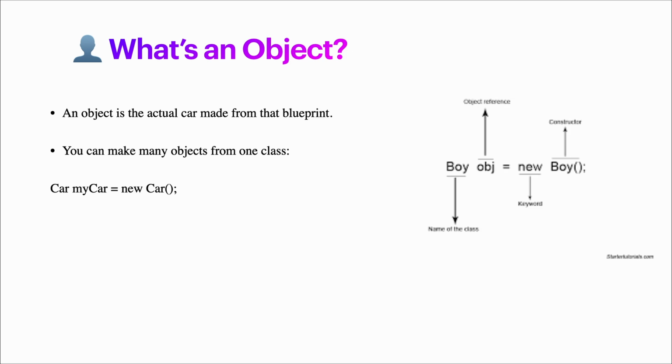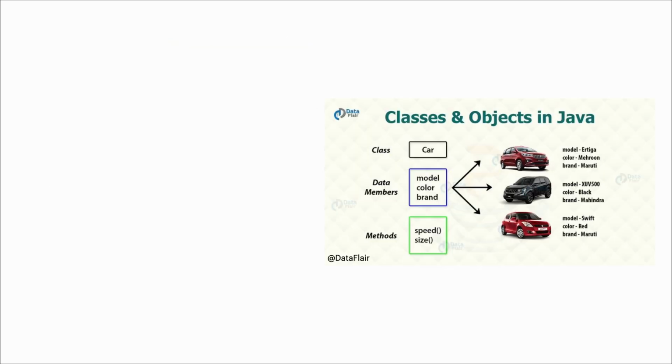Now this is what I want to tell you. An object is the actual car, as you can see in this image. The Maruti or the Mahindra is an object. So how do we make this car? We need a model, a color, a brand, doors, windows. That is the class.